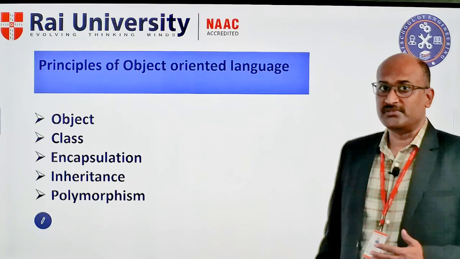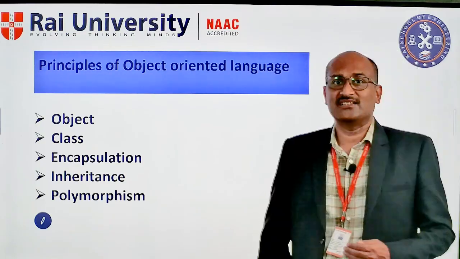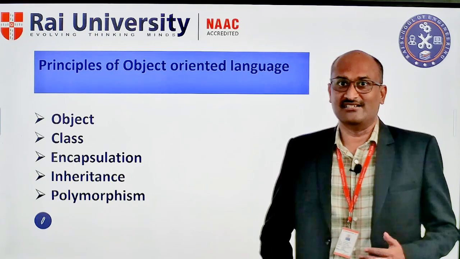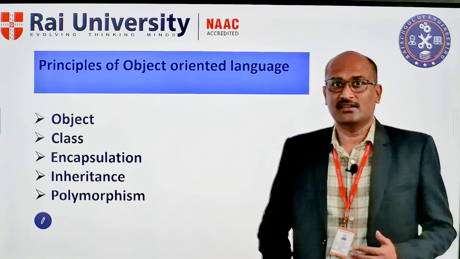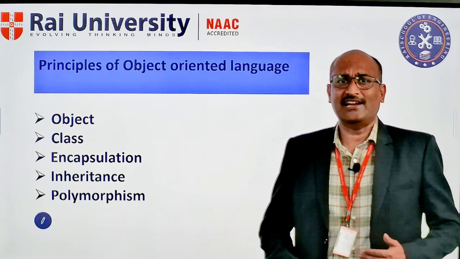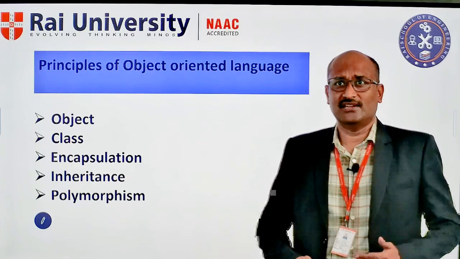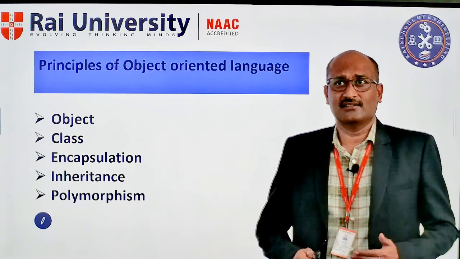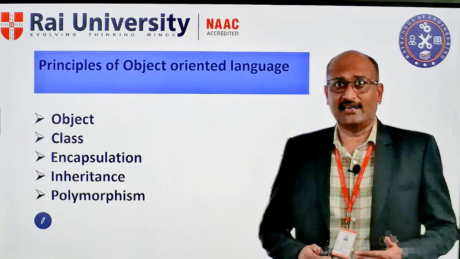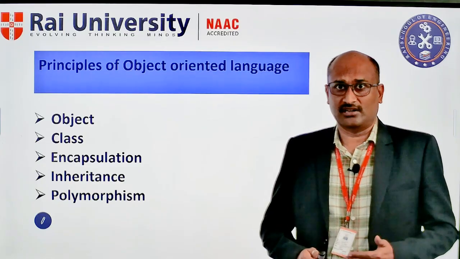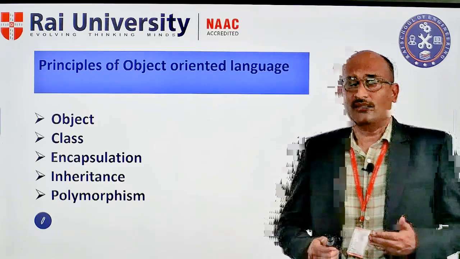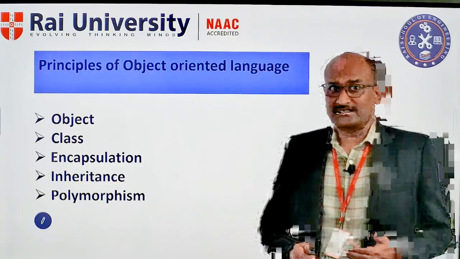If we talk about object, you can take any kind of object in object oriented language. You use the class and take the object into the class. Mainly the objects are running in a class.